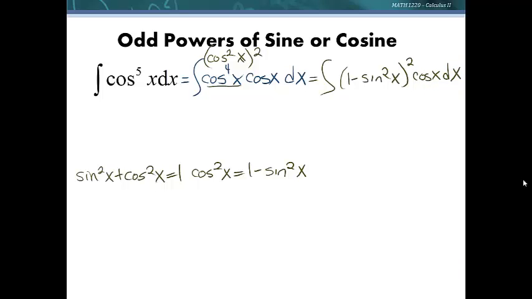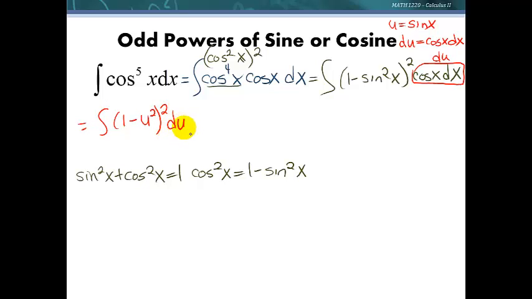Now how this helped me is I can now do u substitution, and if I let u equal sine x, then du is going to be cosine x dx, and look at that. By splitting that trig function off, there's my du. So this is going to be the integral of (1 minus u squared) squared du. Now we've got it down to something we can integrate.